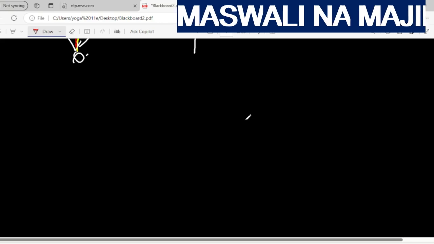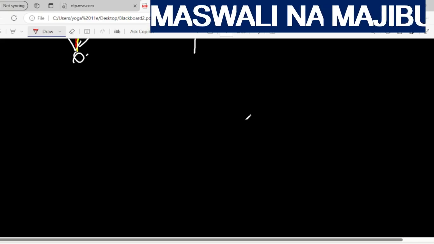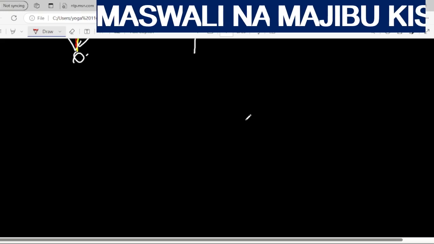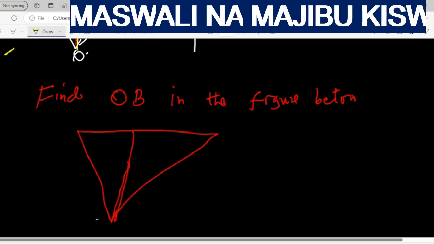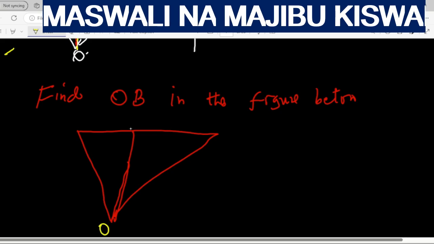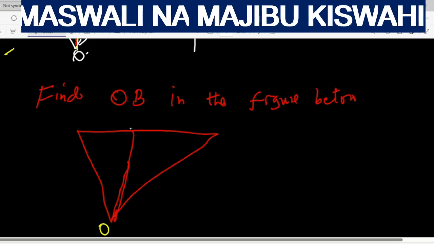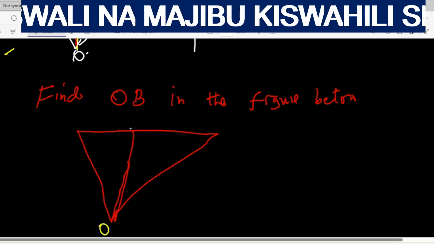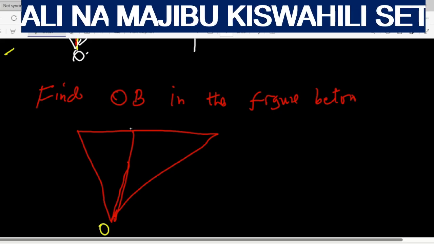Find OB in the figure below. This is vector A, B, vector C, vector B, and this is vector A. Here is 2 to 3.